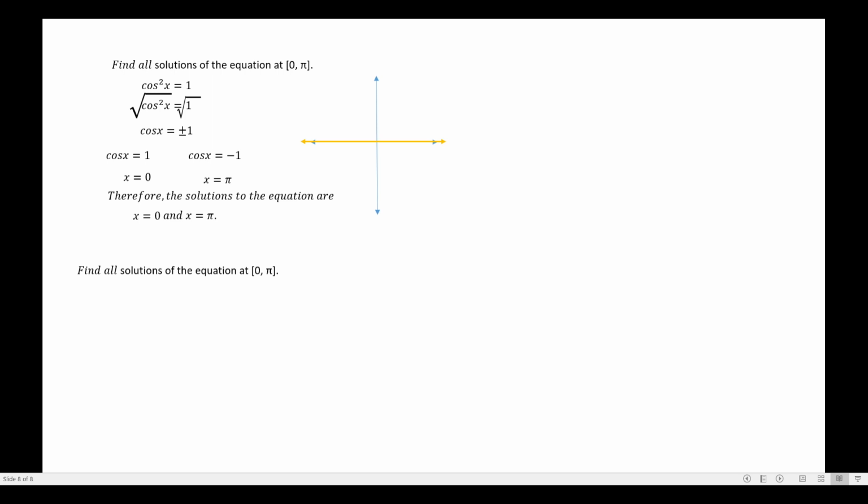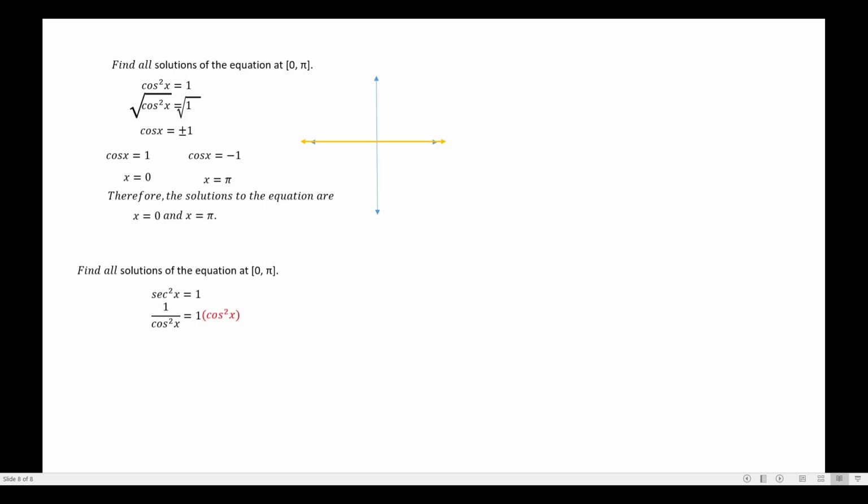Another one, last one. Find all solutions of the equation in the interval 0 to pi: secant squared x equals 1. This time, this is a reciprocal function. So secant squared x equals 1, and we can transform it into 1 over cosine squared x equals 1, because remember that secant x is equal to 1 over cosine x, applying the reciprocal identity.